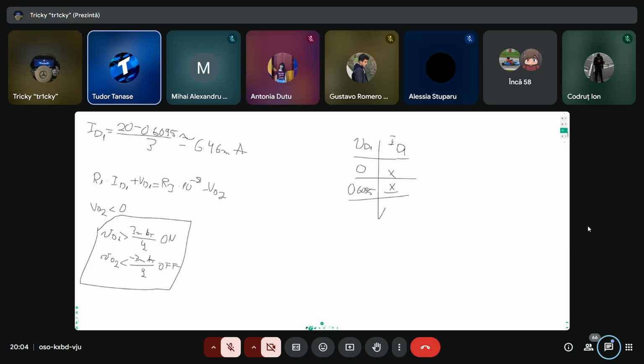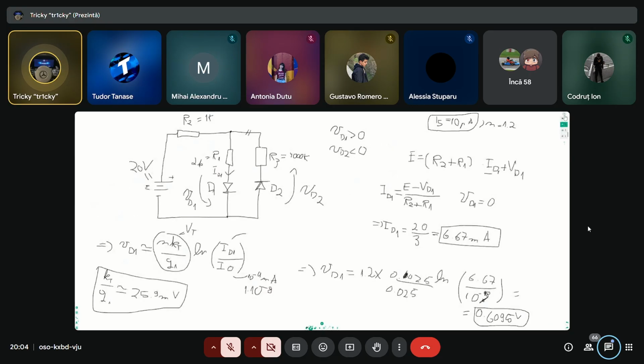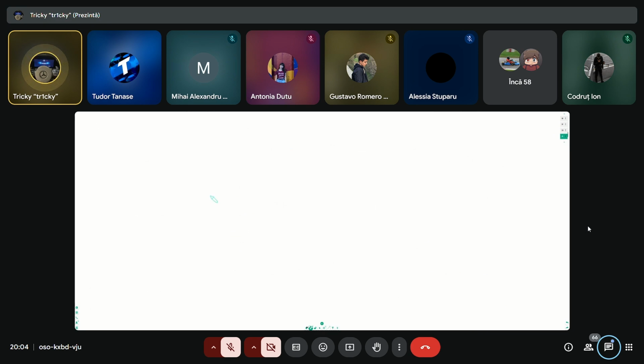I wanna solve an example where both diodes are on, because most probably this is what we're gonna get in the exam, right? So it's better to... oh, all right, never mind, actually you were right. The second problem is legit this one, just flipped around, my bad.